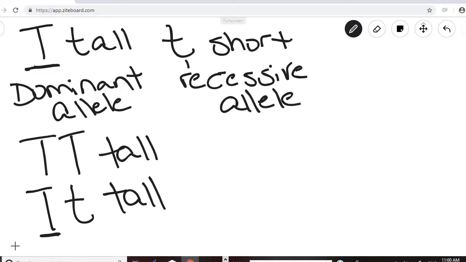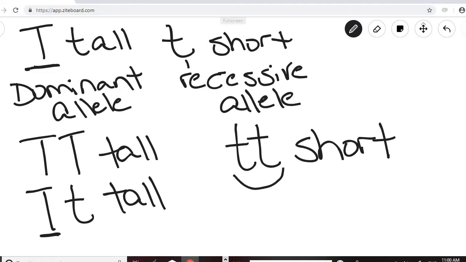For a recessive allele, both of the alleles have to be lowercase in order for that characteristic to be expressed. So the only way that you can get a short plant would be that both of them are the recessive alleles. So with dominant alleles, you only need one of them. You can have two, but as long as you have one, that trait will be expressed. For a recessive allele, you have to have two of them in order for that trait to be expressed.